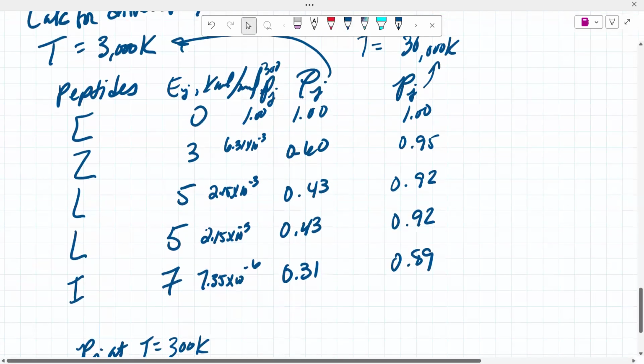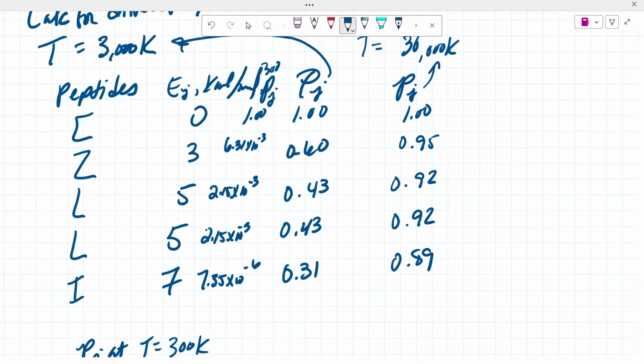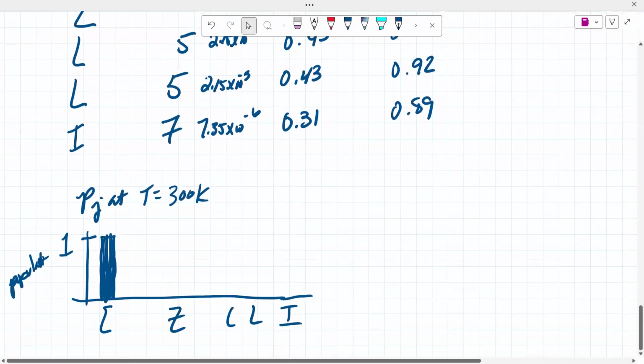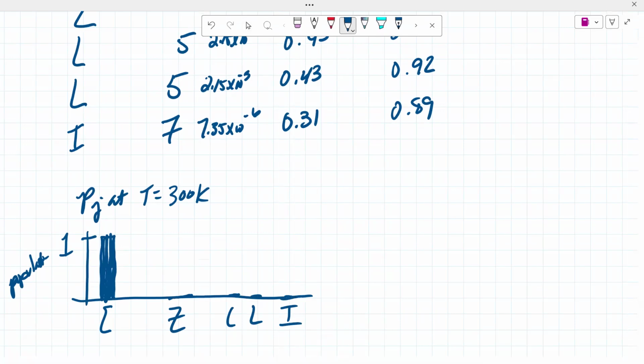These are teeny numbers. 6.31 times 10 to the minus 3: you move the decimal three places to the left, so you're at 0.006, right? That's pretty small. So this is, for all intents and purposes, 100%. And your bars are so tiny that you can't even see them, because there's like no population.